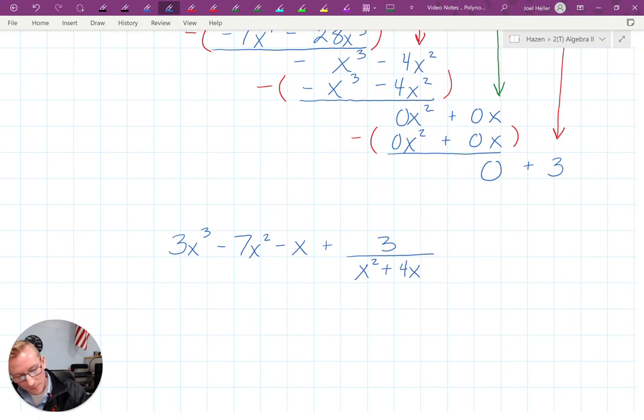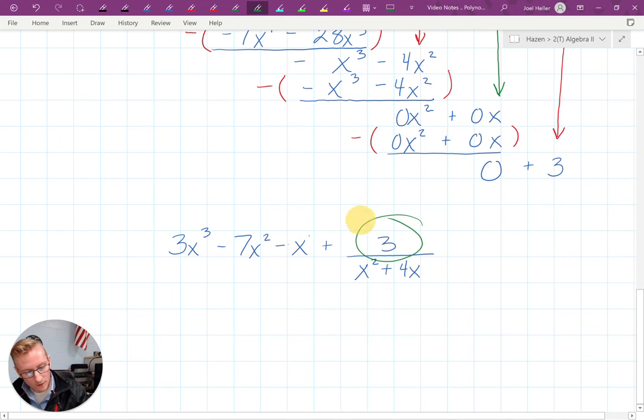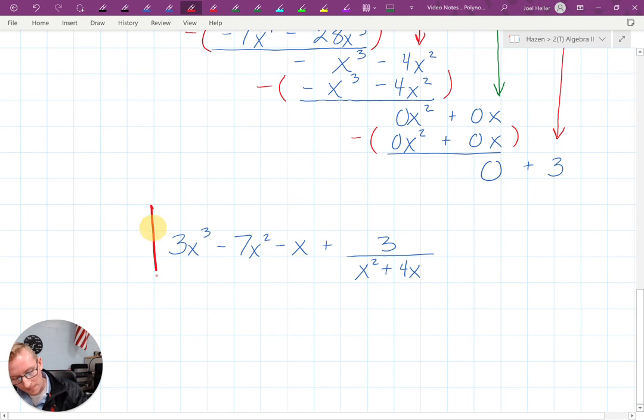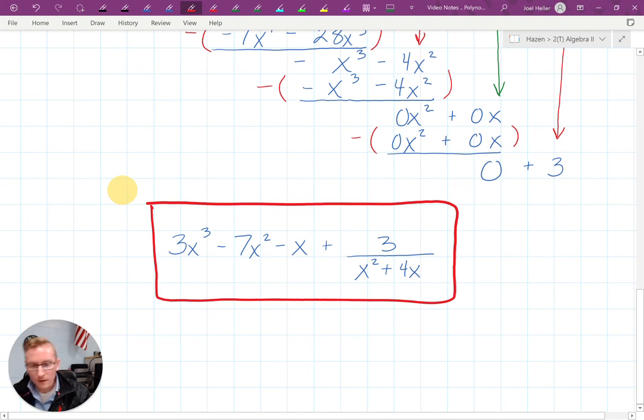And you'll notice that the degree of the numerator in my remaining fraction is smaller than the degree of the denominator. Just like with a proper fraction, the number on top is smaller than the number on the bottom. Polynomials deal with degrees, fractions deal with just regular numbers. So that is my final answer.